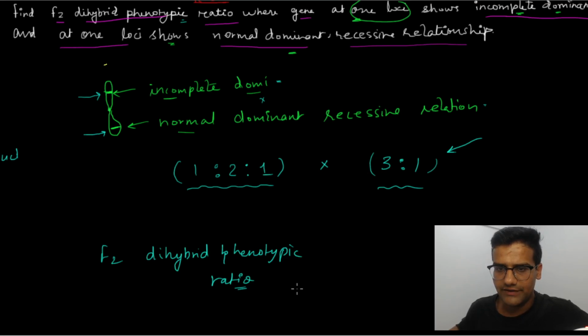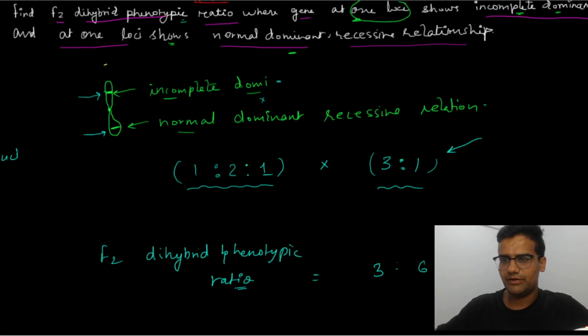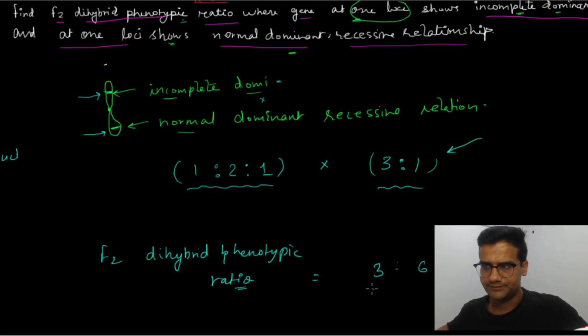If we multiply this, we will get 3:6:3:1:2:1. So this would be the answer.